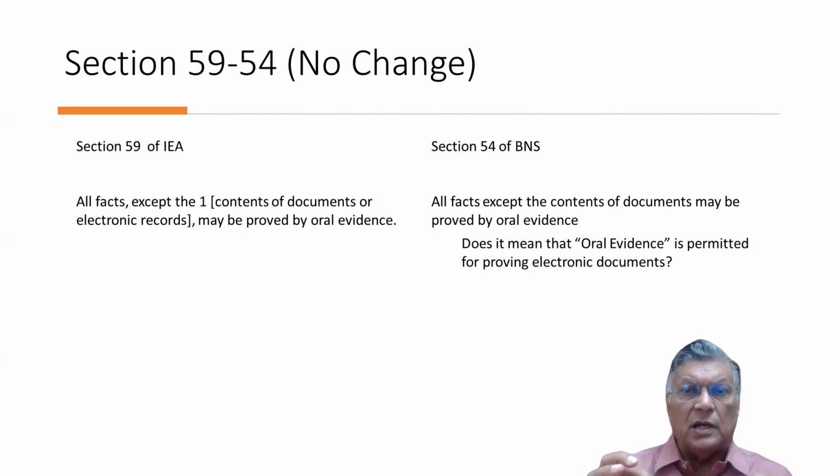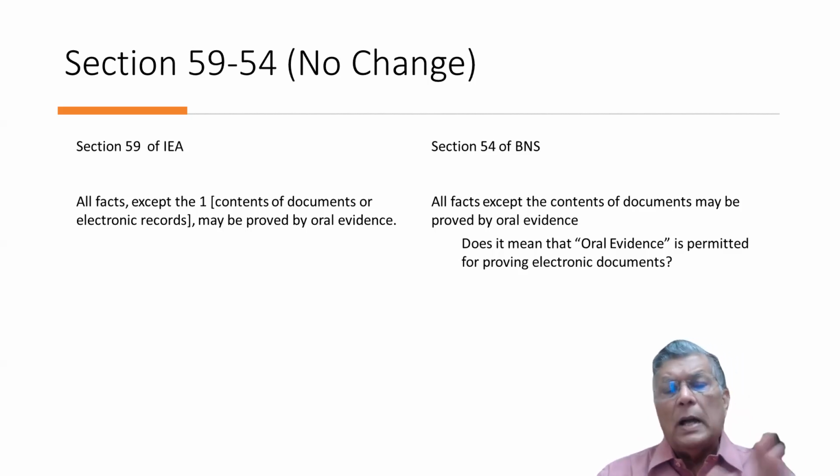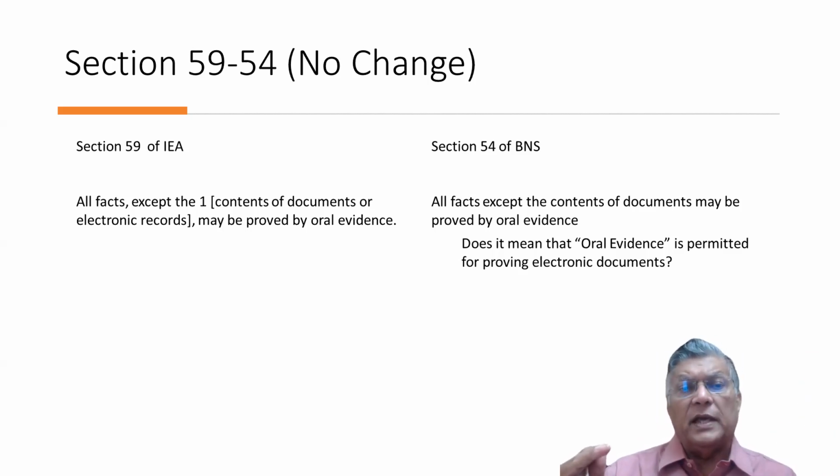Let me just point out the relevance of this. Section 59 of Indian Evidence Act said all facts except the content and documents of electronic records may be proved by oral evidence. So apart from 22 capital A, in section 59 it was reiterated that oral evidence as to electronic documents was not acceptable.